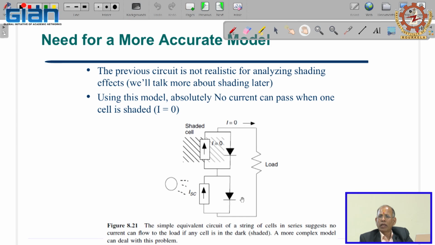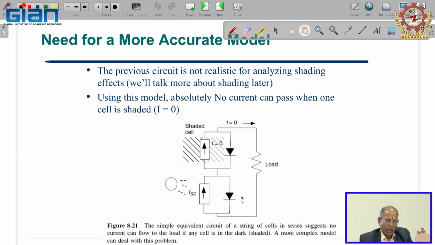If no light falls, meaning completely shaded or dark, there is zero current. So in principle it should theoretically be zero. That's the bad part of shading, but the situation is not that problematic that it will be completely dark.